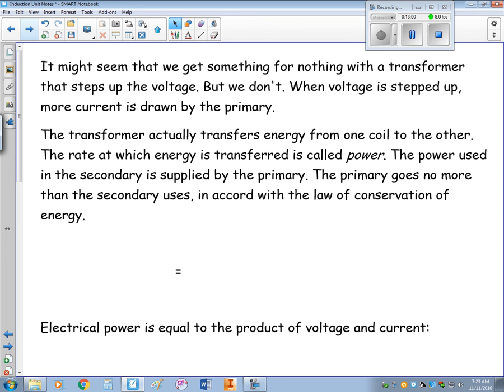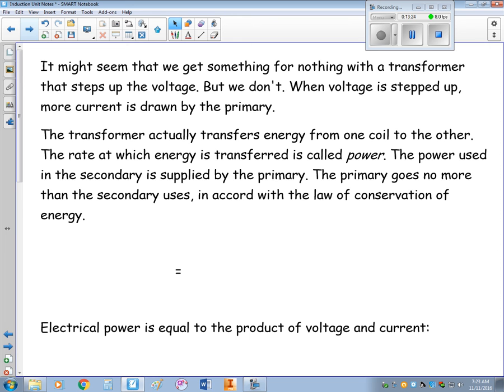Now, it might seem again that we're violating conservation of energy. Voltage measures energy. So how is it that we can step something up? It seems like we're getting something for nothing with a transformer. But we don't. You see, when the voltage is stepped up, more current is drawn by the primary. So we have this current that we have to worry about as well.